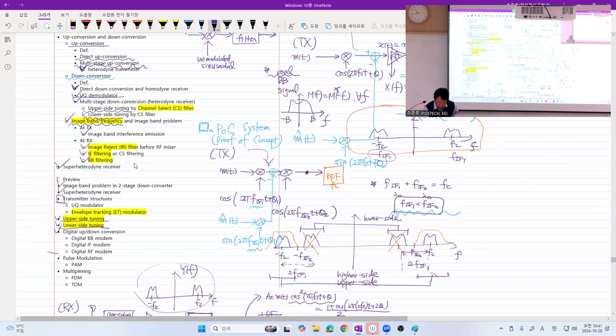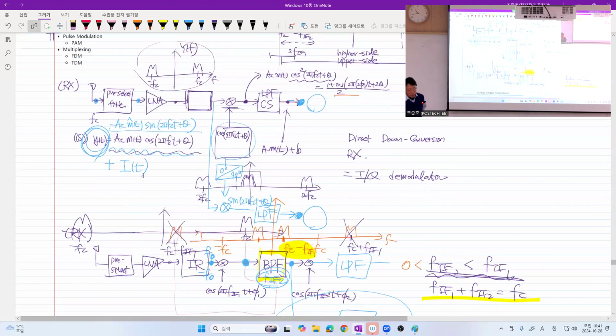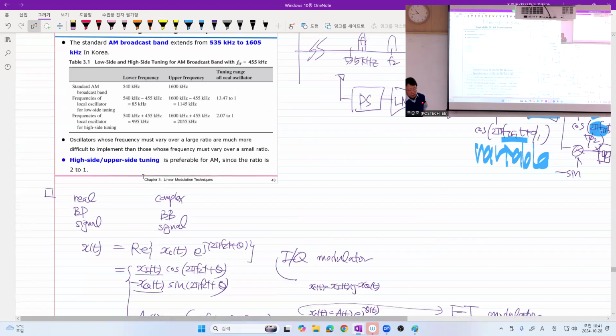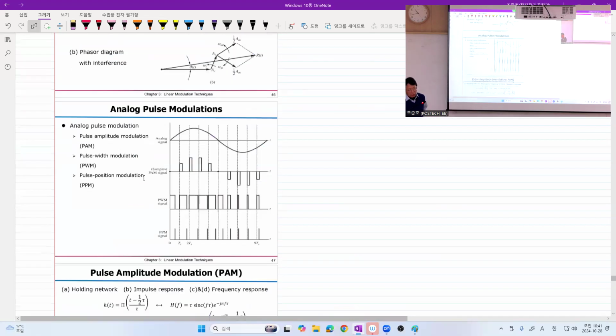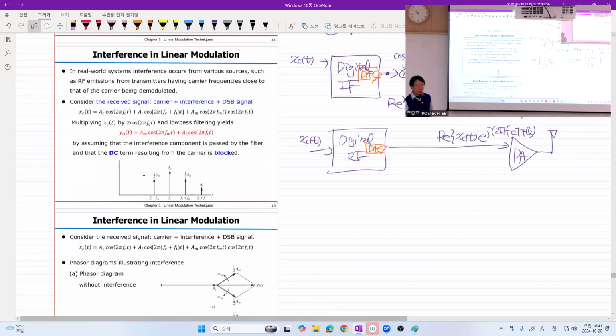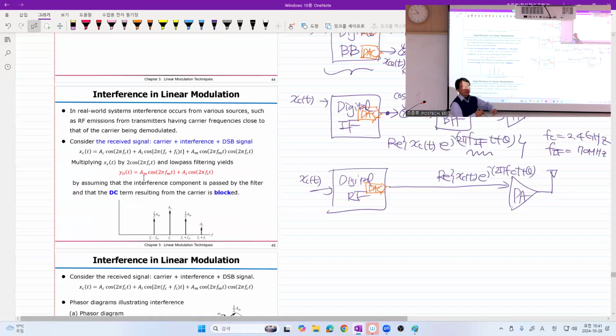Okay. Now, pulse modulation. And it seems we are almost running out of time, so I will be very quick. This part is about the analysis of interference in linear modulation. So suppose you have interference, unwanted, unintentional, or intentional, hostile.